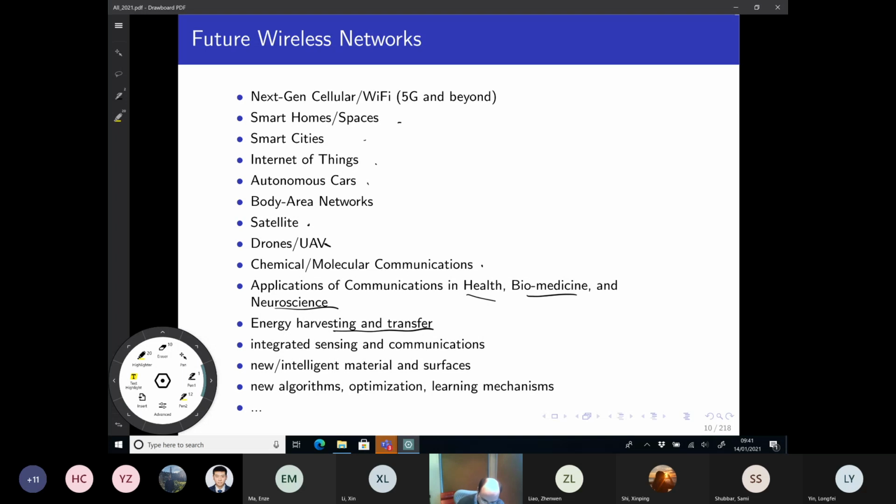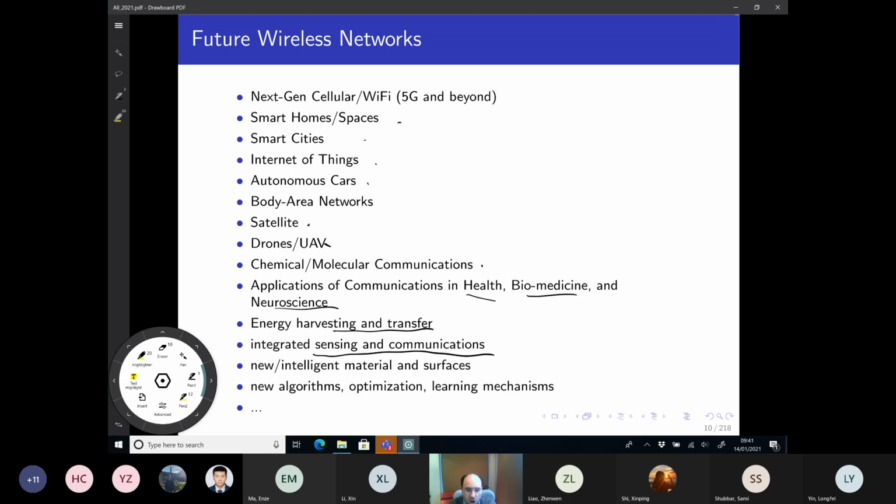Other activities that are ongoing in the research, right? Lots of those activities are things we're doing in my research lab as well, but you have integrated sensing and communication, right? So how can you use wireless to do sensing and at the same time to do communication? Sensing could be radar, could be localization, could be other things.